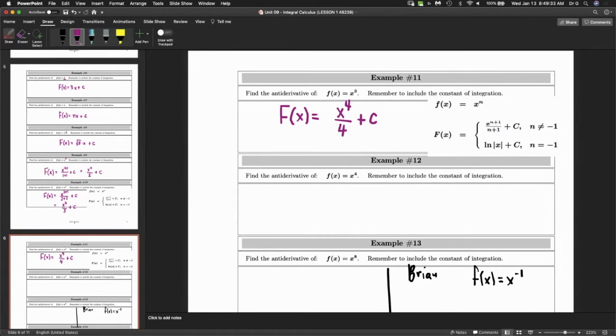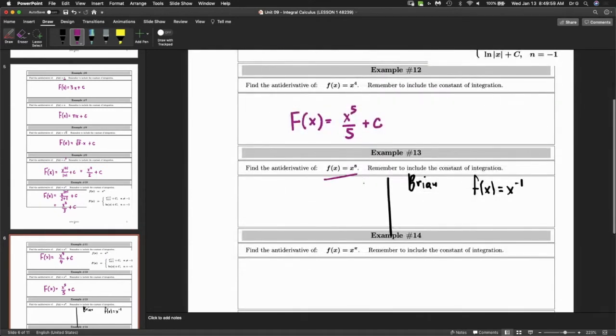Raise the exponent by 1 and then divide by the same number. And you're going to see that these ones are really, really quick. I'm surprised the stylus is working better. I'm going to find ways to optimize this better because then it will really make the lessons a lot more colorful.